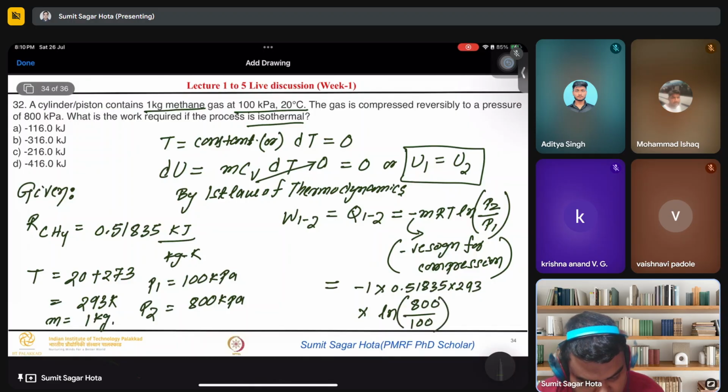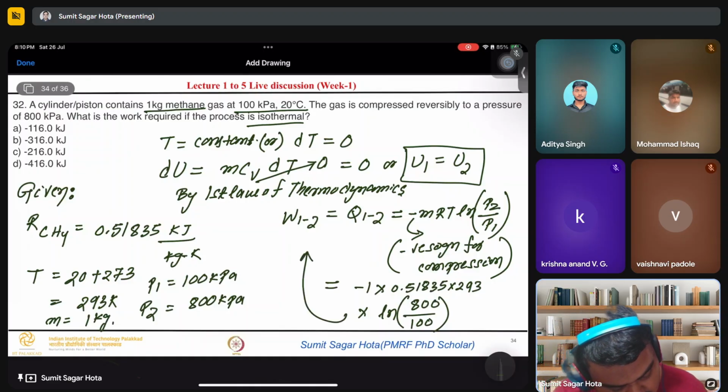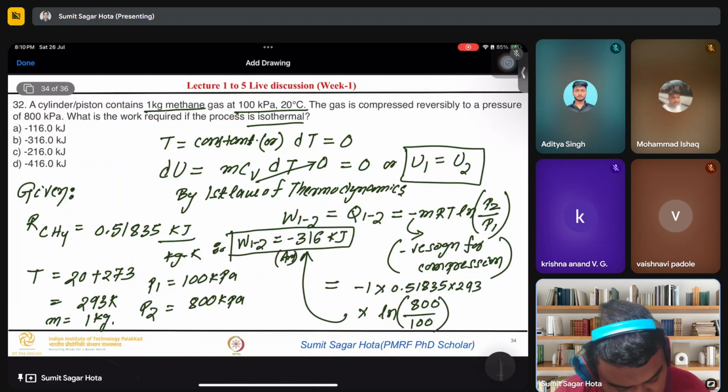So if you solve all this, you will get W12 will be your minus 316 kilojoule. This is your answer. So the answer is B.